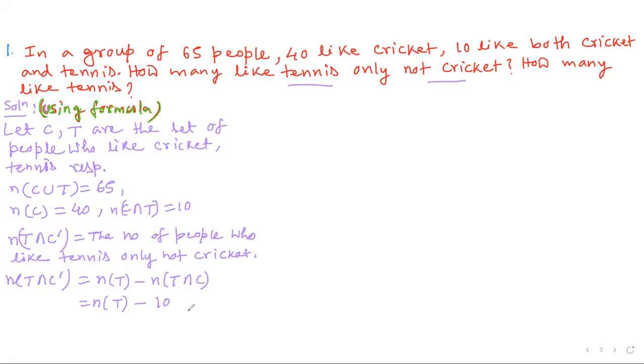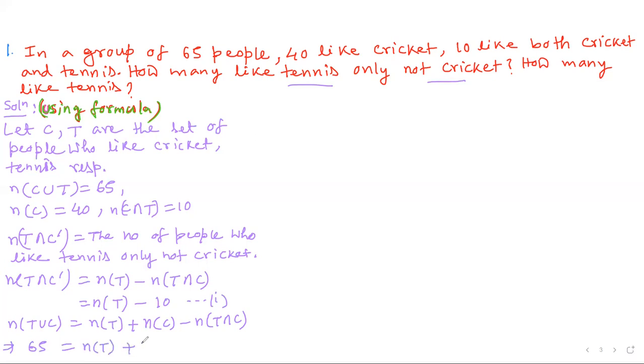For that we can apply one formula, that is cardinal number of T union C. This is equal to, we know, cardinal number of T plus cardinal number of C minus cardinal number of T intersection C. Now put all the values. Cardinal number of T union C, that is 65, is equal to cardinal number of T, that is unknown, that we have to calculate.